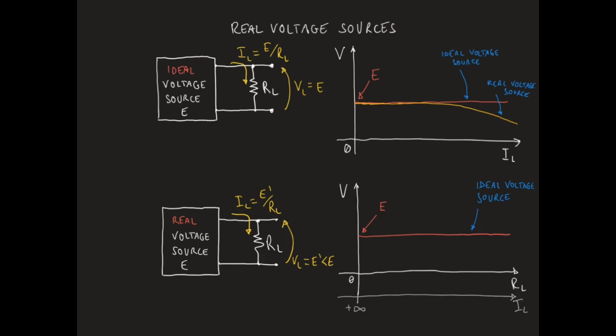In the case of the real voltage source, the voltage provided by the source will be equal or very close to the voltage provided by the ideal voltage source for very large values of the load resistance, where the current gets close to zero.